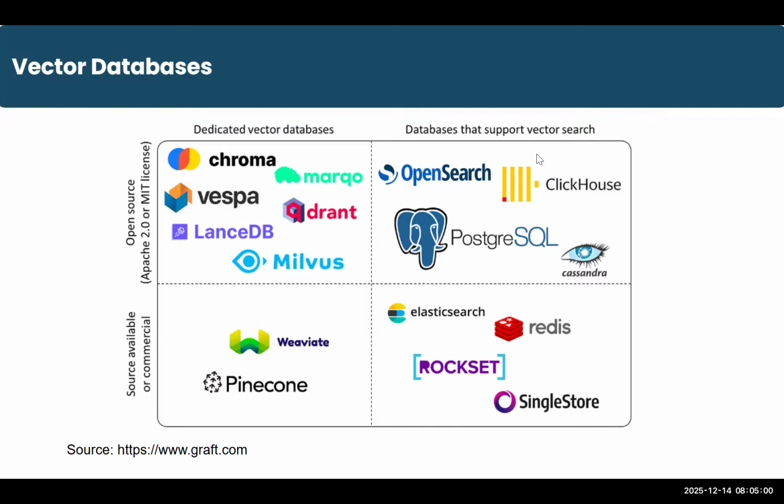Now, there are databases that support vector search, which means they can store normal SQL relational data or NoSQL data, but can also support vector search, like PostgreSQL. PostgreSQL stores the data that we know, but it also has an extension for vector search called pgvector.